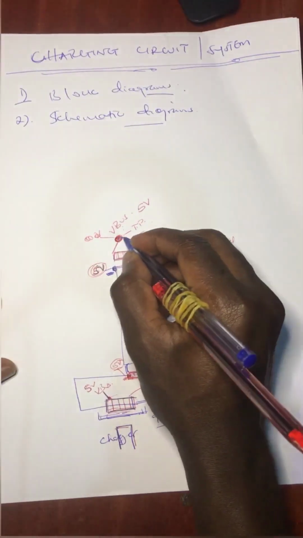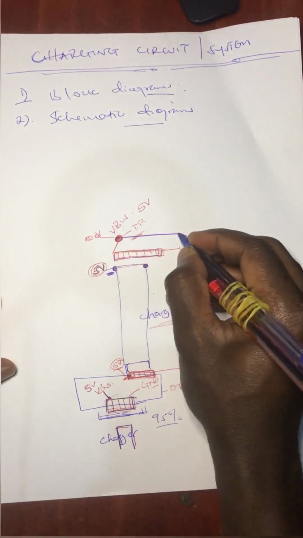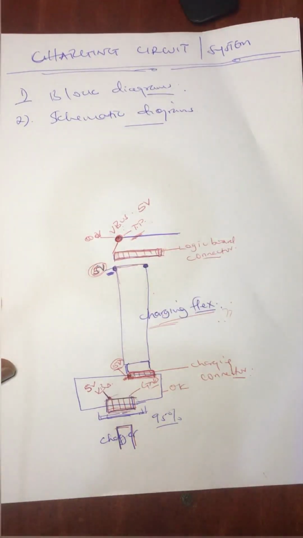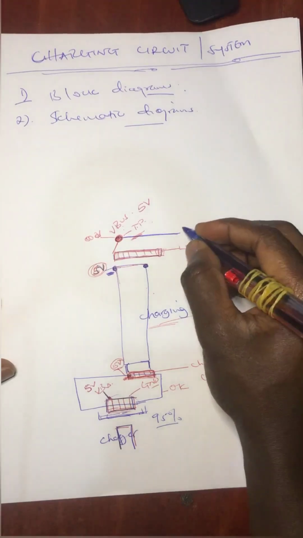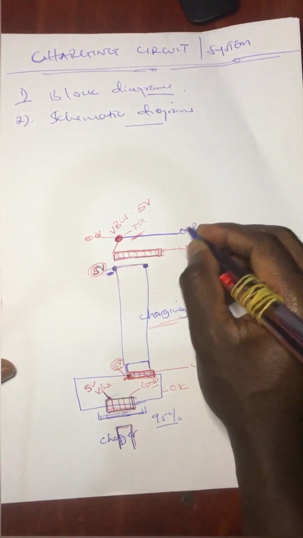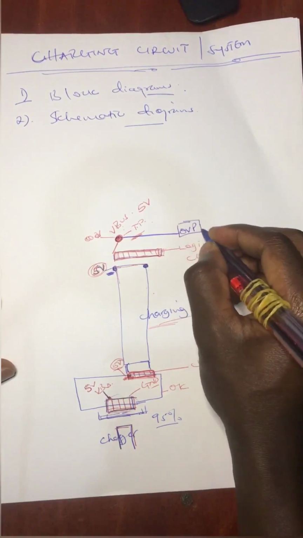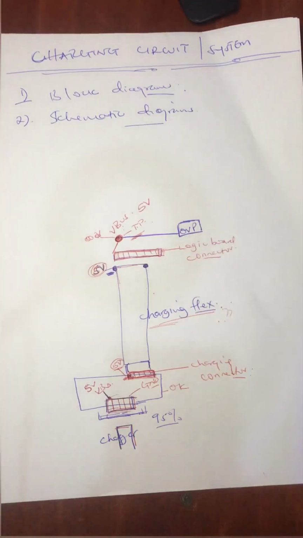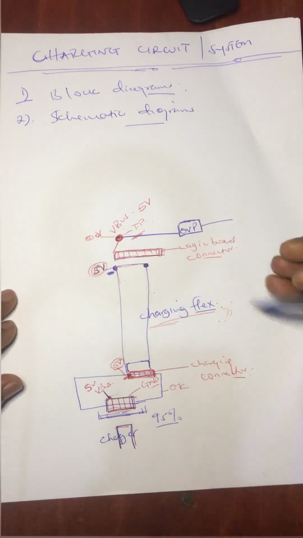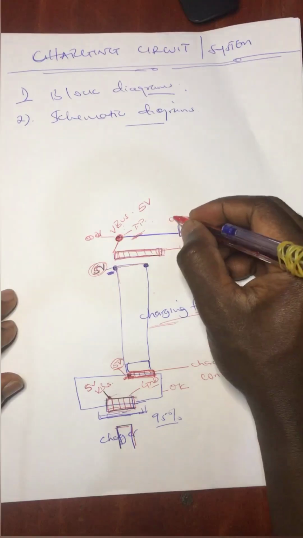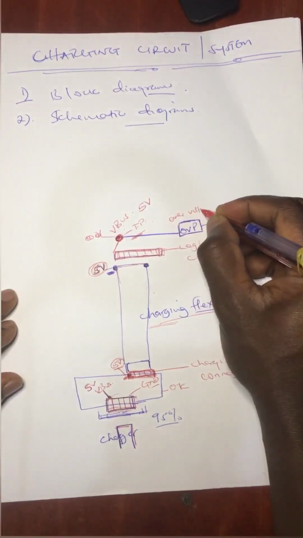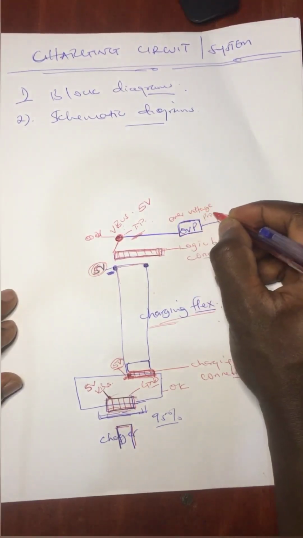So the TP is connected to some other IC, the smallest IC on the logic board, called an OVP. So this OVP is a small IC that helps to protect the circuit in case you have overvoltage. And this IC is called overvoltage protection.